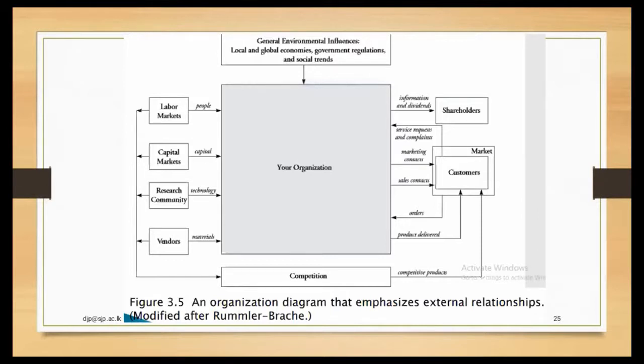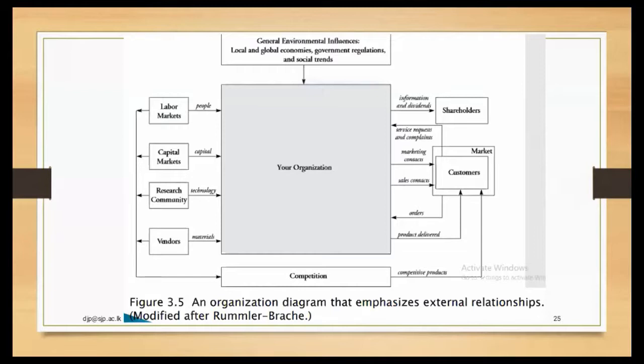On your right-hand side, what do you find? You have your customers as well as your shareholders. Why are shareholders important? Because they are the people who own your business. Information and evidence goes to whom? Shareholders.